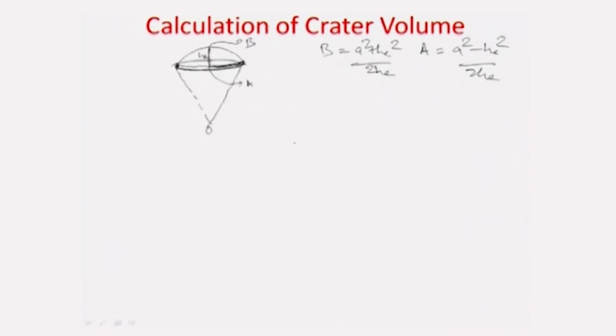If this distance from the center were y, we would be left with the radius here as the root of r square minus y square, which would be true because in triangle OAC you have to apply Pythagoras theorem to obtain this expression here.